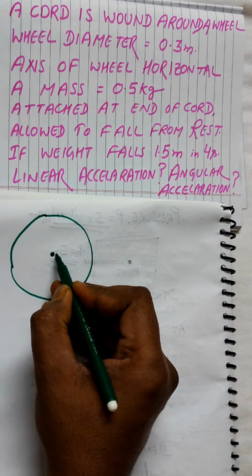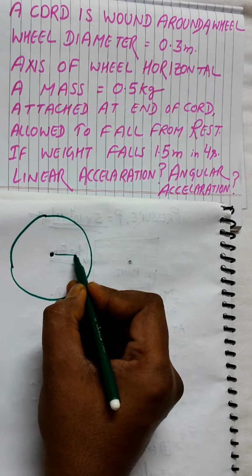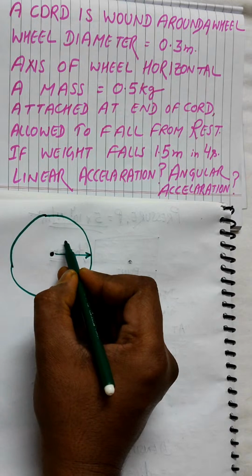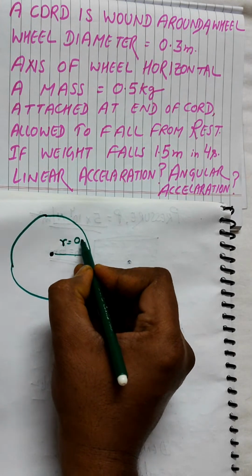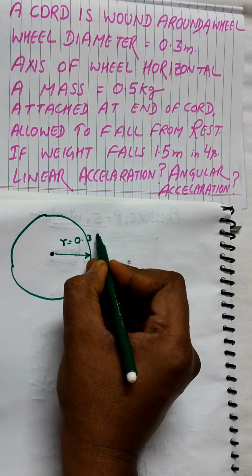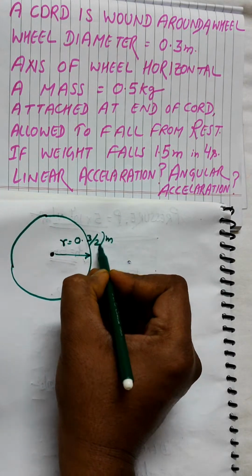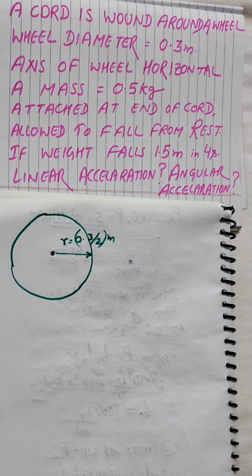So the radius will be 0.3 divided by 2 meter, because radius is half of the diameter.